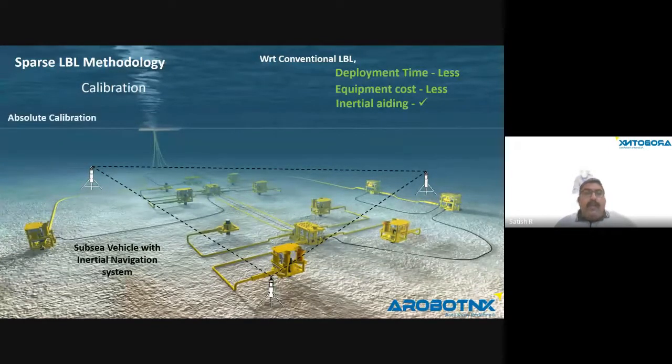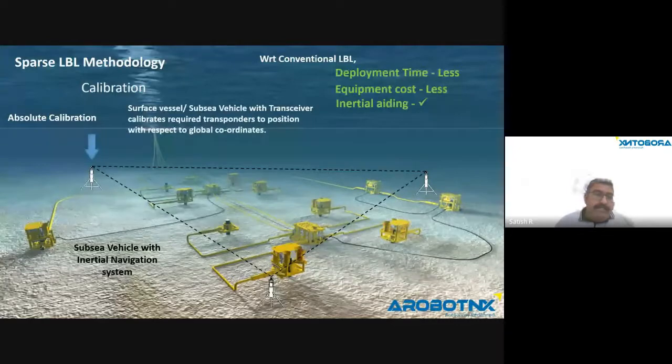And the absolute array is something very different. In the conventional LBL array, we took a long horizontal distance, measured it, and carried out the rotation. But here, we take only a single thing.